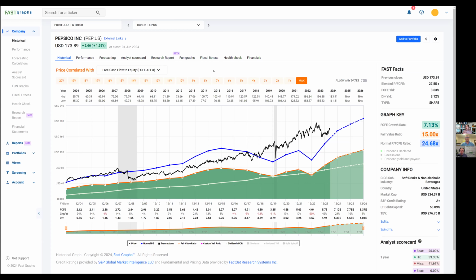Maybe it's too high, and so you try to squint just right to make it make sense. I would rather come up with an idea, and then I put the price on and see what it looks like. So I'll just share my screen here and give you a quick example of how I might go about doing this.